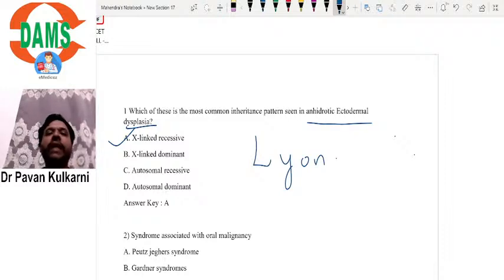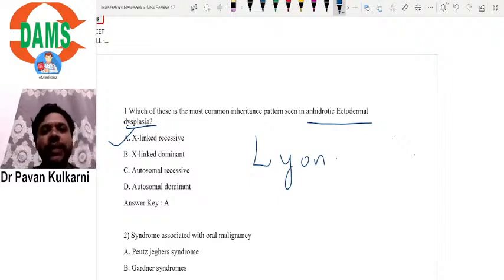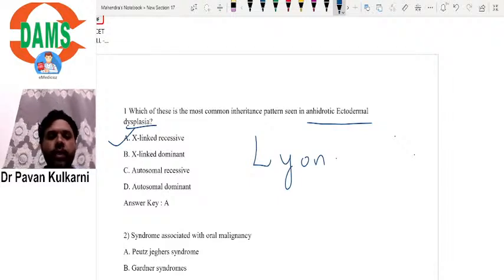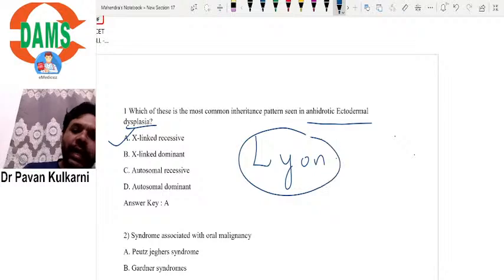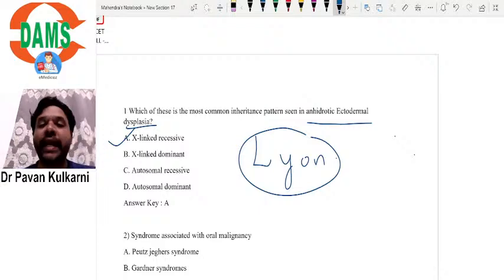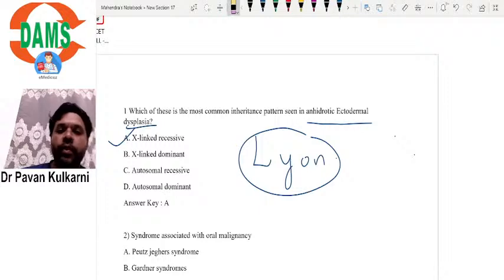Because females carry XX chromosomes and males carry XY chromosomes. So that is a hypothesis we are supposed to remember. One more important MCQ is what is Lyon's hypothesis or where it is useful. Okay, moving on to the next question.